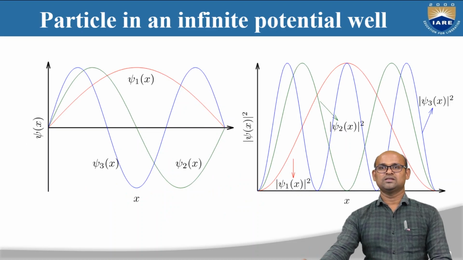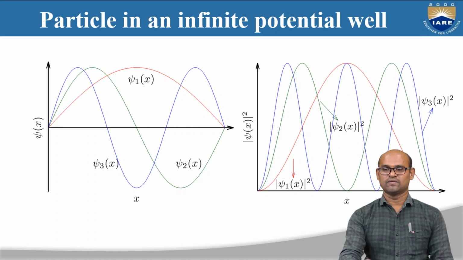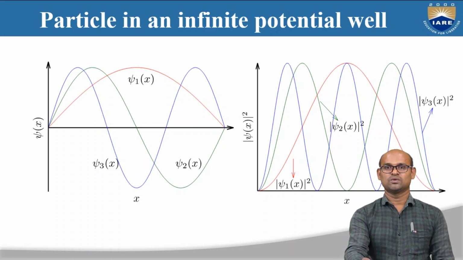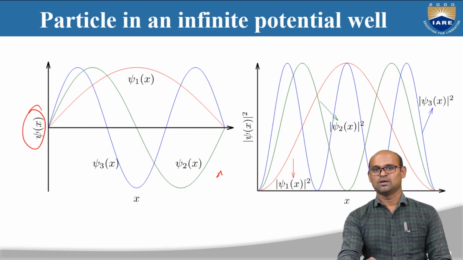So let us plot these wave functions and their absolute square magnitude for different energy levels. Okay, so this is n is equal to 1, and this is n is equal to 2, and this is n is equal to 3. So this is psi of x versus x in different energy levels, but psi of x has no direct physical meaning, so we are calculating mod psi of x square. Right?